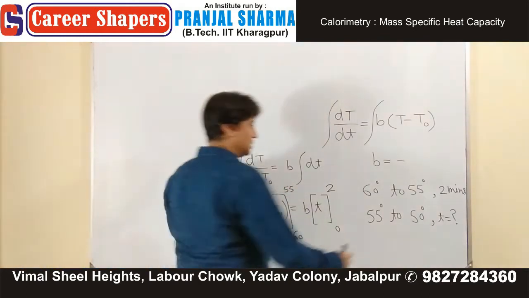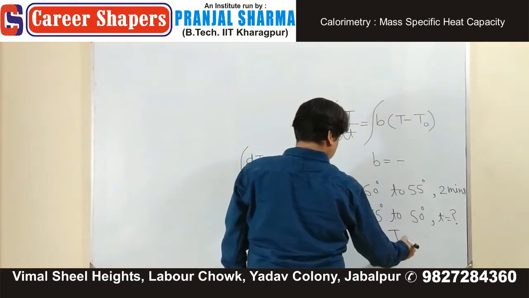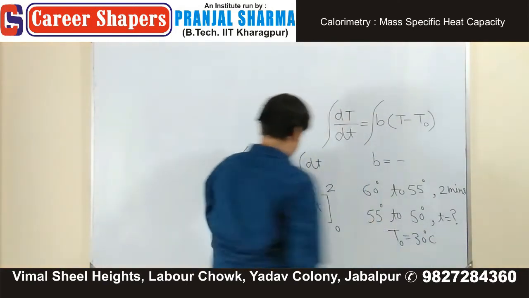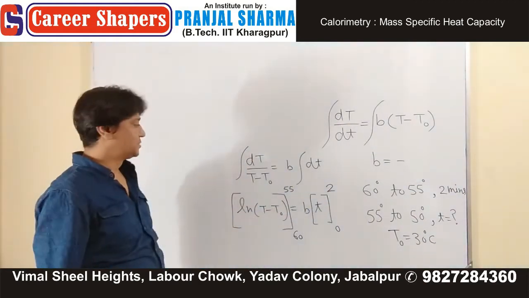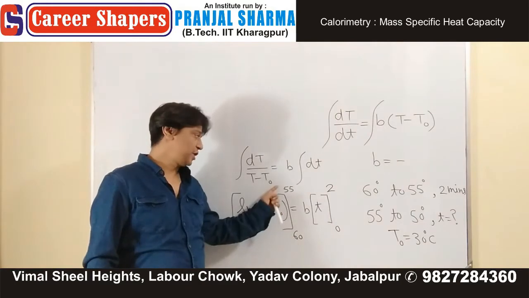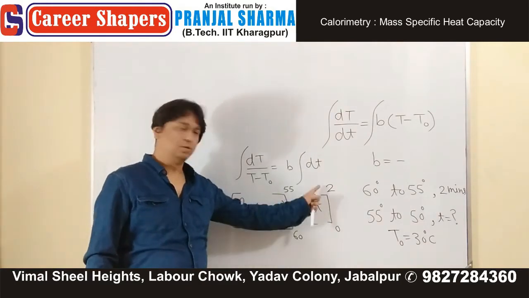I suppose the surrounding temperature which I gave you was 30. Whatever it is, look at the concept. So temperature decreases from 60 to 55 in time from 0 to 2.